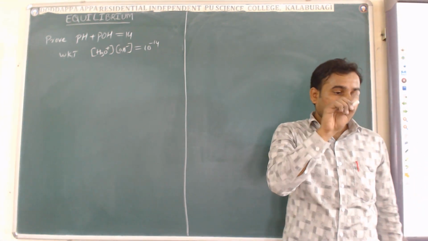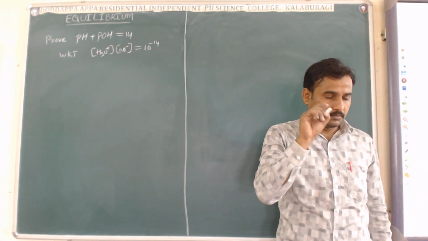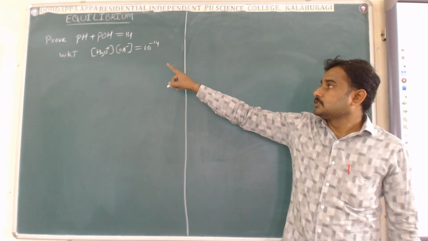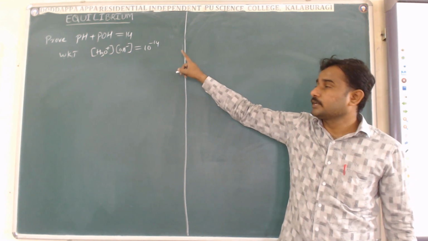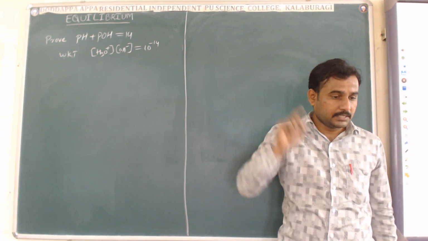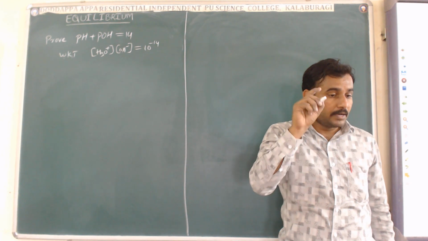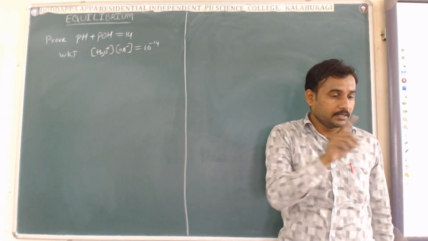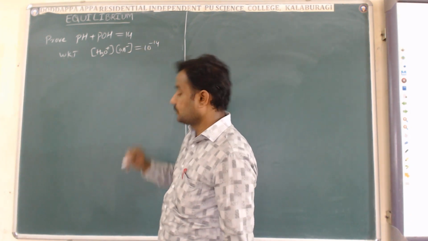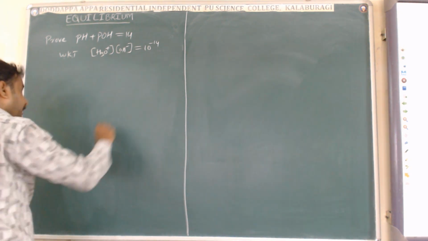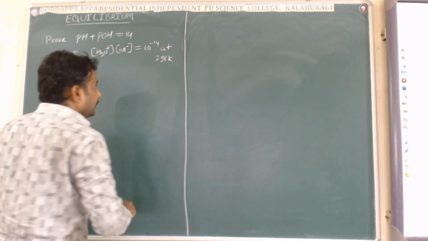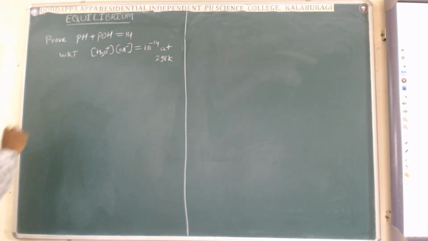There we know that H3O plus into OH minus is equal to 10 raised to minus 14. In the ionic product of water, when dissociation of water takes place to a small extent, the concentration of H3O plus is 10 raised to minus 7 and for OH minus it is 10 raised to minus 7. If you multiply 10 raised to minus 7 into 10 raised to minus 7, you get 10 raised to minus 14 at 298 Kelvin. That you know from the last class.